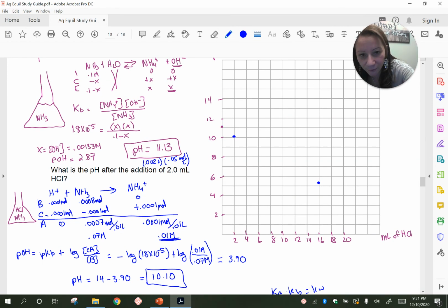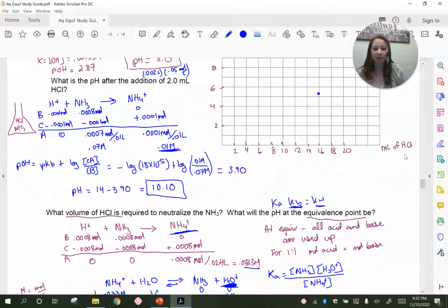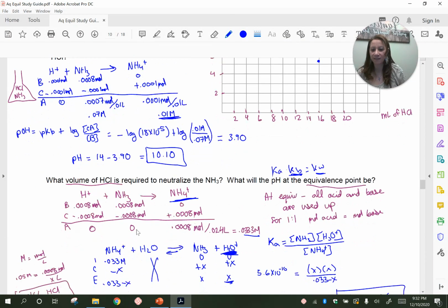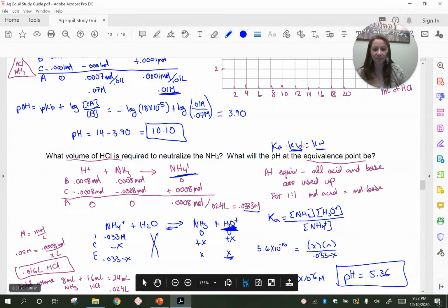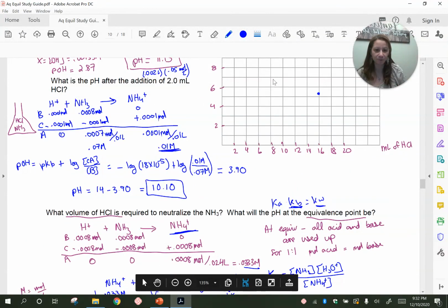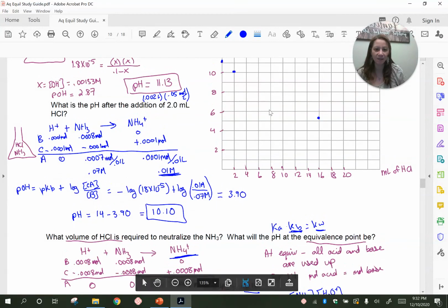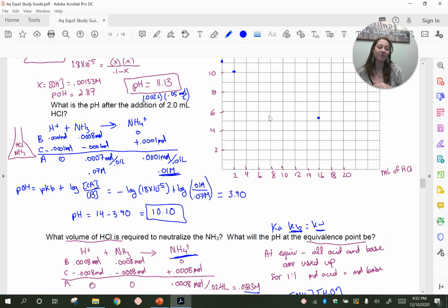So this was our initial, I'm going to mark it here. We can find the pH at half the neutralization point, half the equivalence point, right? So the equivalence point was reached when we had 16 milliliters of acid. And so at 8 milliliters, that's going to be half our equivalence point, and at half the equivalence point, the pH is equal to pKa, or the pOH is equal to the pKb. And so let's do that real quick.